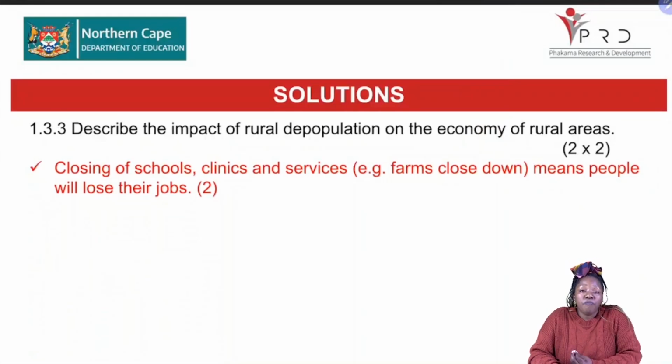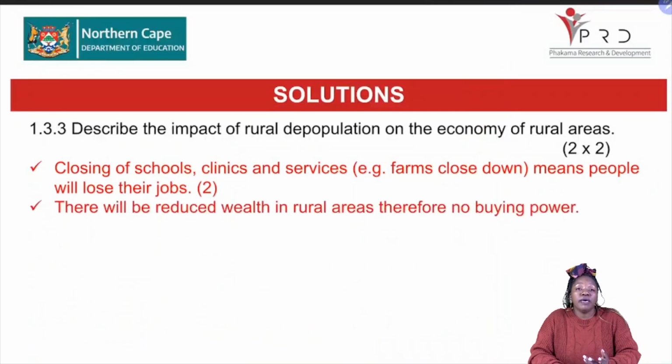If there are few people who are left in the rural areas, some of the services will be closing down. So what services are we talking about? We're talking about schools. There will be a lack of enrollment in those schools. We're talking about the clinics, they will be forced to close. As they are closing down, it means there are people who will be losing their jobs.